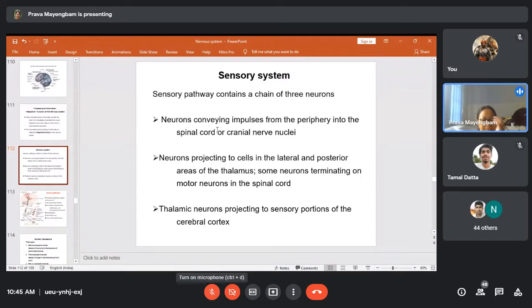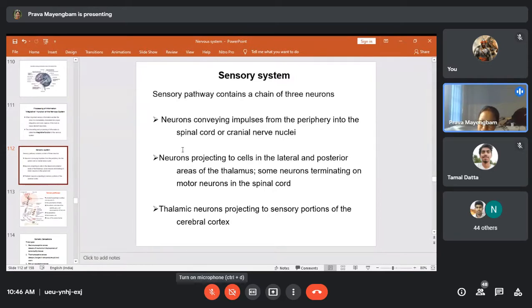So in the sensory system, the sensory pathway contains a chain of 3 neurons: neurons conveying the impulses from the periphery into the spinal cord or cranial nerve nuclei; neurons projecting to the cells in the lateral and posterior areas of the thalamus, and some neurons terminating on the motor neurons in the spinal cord; and thalamic neurons projecting to the sensory portions of the cerebral cortex.